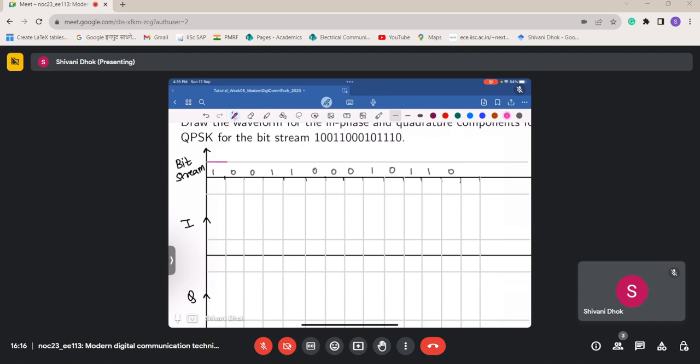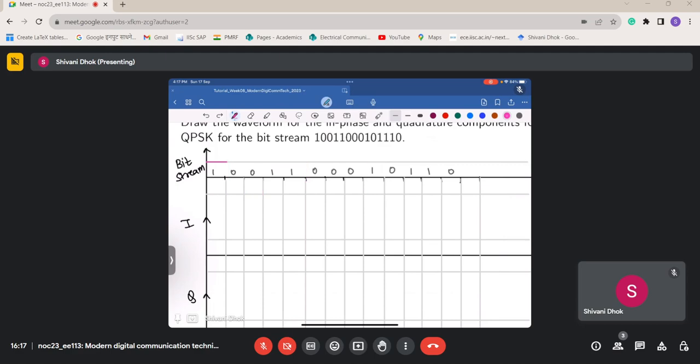We have this 1, then it is 0, then it will be 1 for 2 time durations, then it will be 0 0 0, then it will be 1, 0.